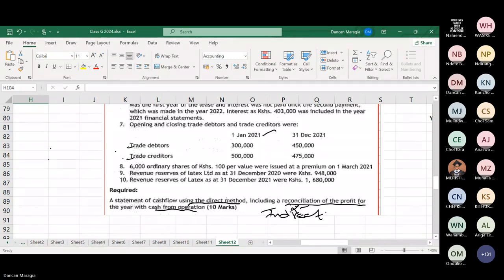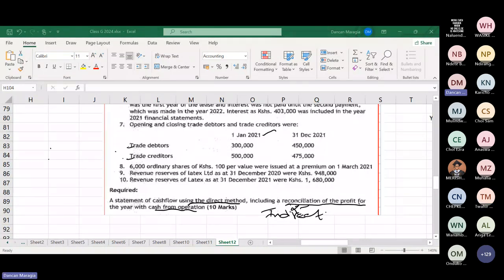Tell me the change and what we are going to do with them. Trade debtors. Any volunteer? Yes, Majid. Mwalimu, it has increased by 150,000. We therefore less it by the same amount.